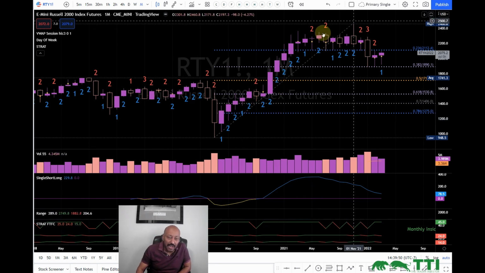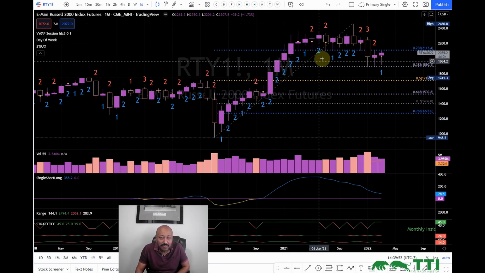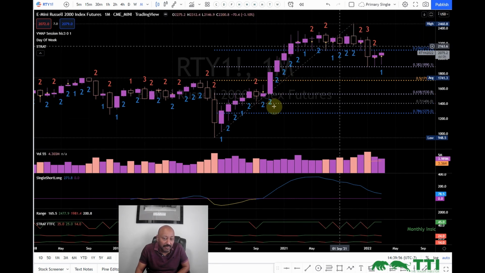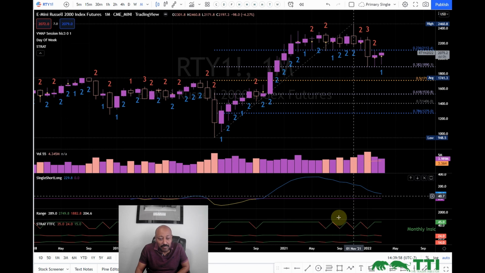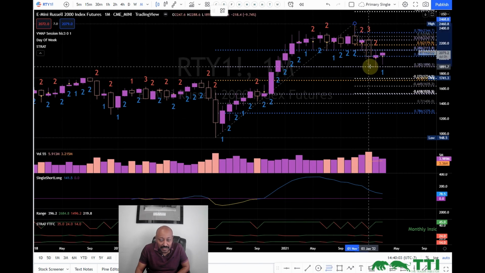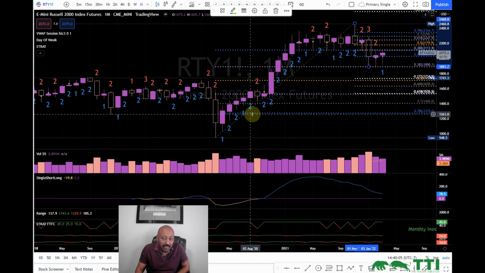But I start with the monthly. I start with the monthly and take a look at that. Here's what I see on the monthly, the uptrend, but at the same time we have this recent downtrend. That's also important.